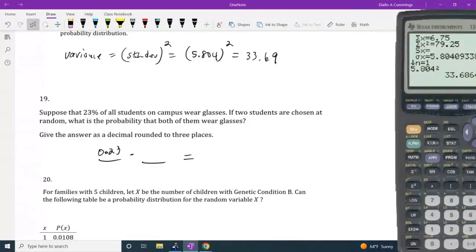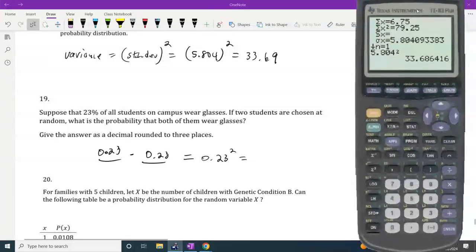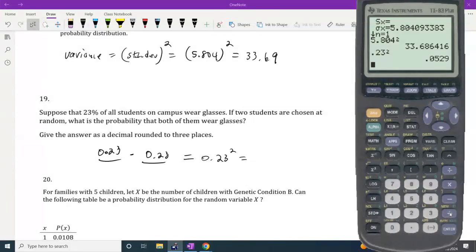The probability that the second student wears glasses should also be 23%. So that's 0.23 squared, which is 0.0529, which is about 5%. So it's a good chance that you're going to choose 2 people that wear glasses.